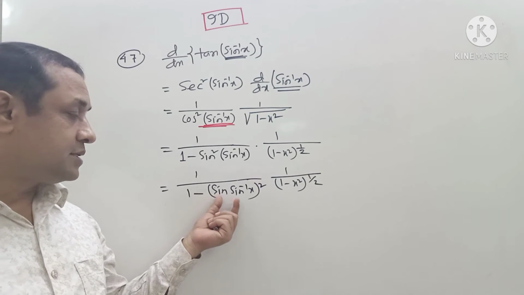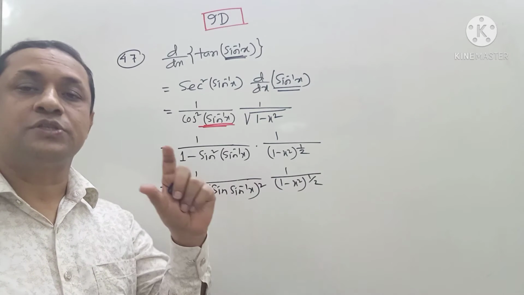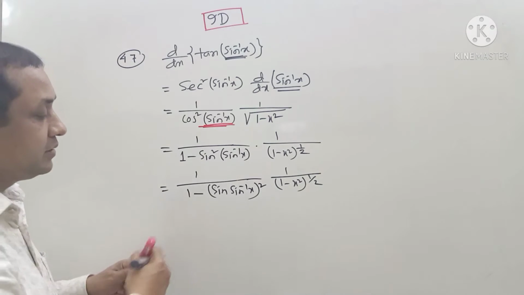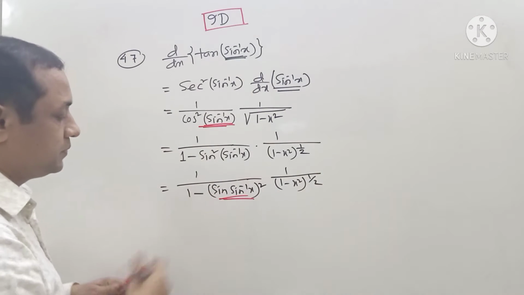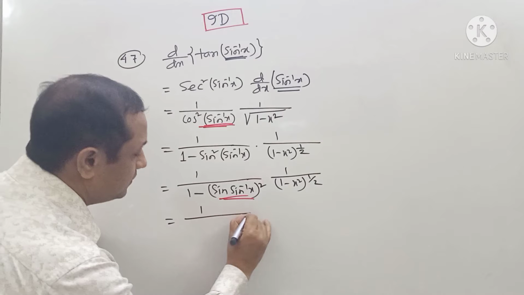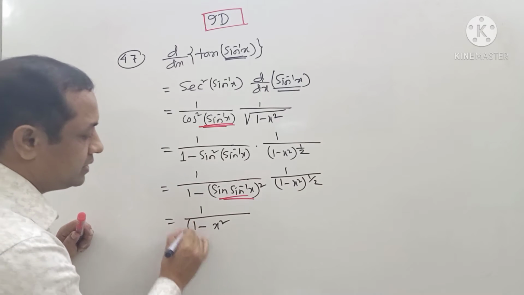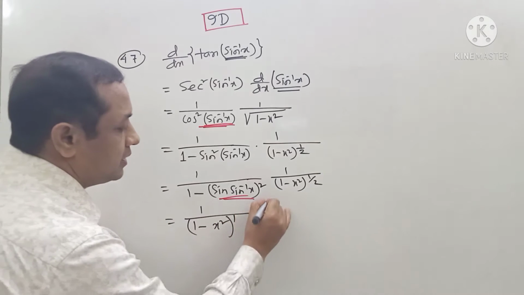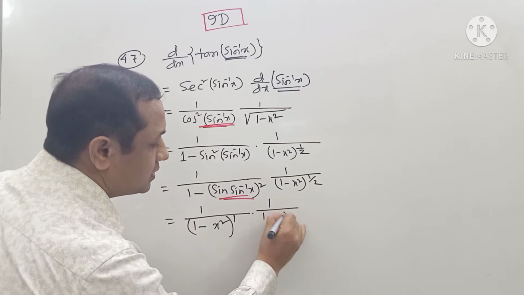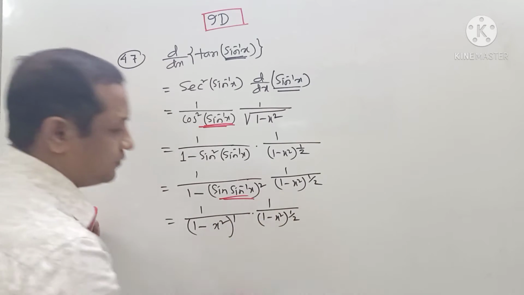We know that sin(sin⁻¹x) equals x. Then we have 1 minus x², and here the power is 1, and (1 minus x²) to the power half.